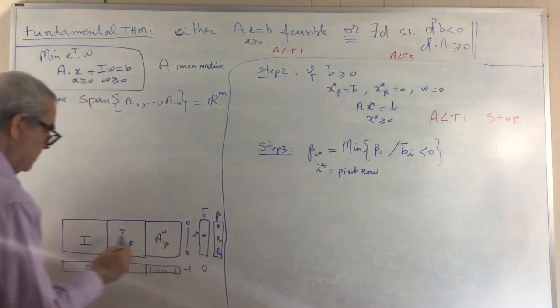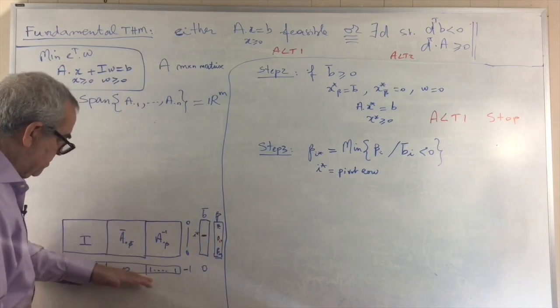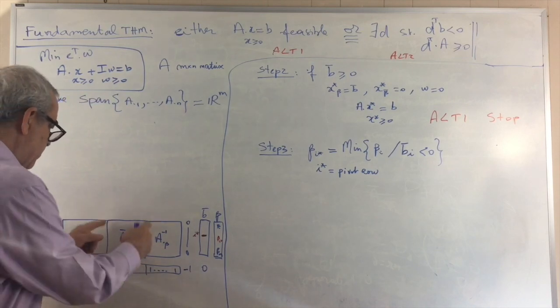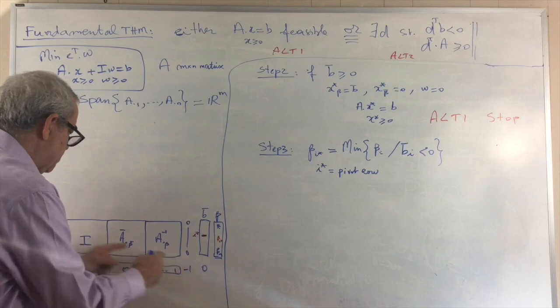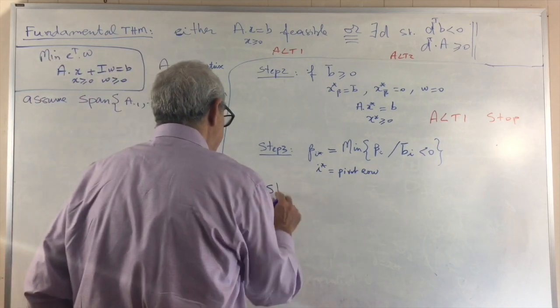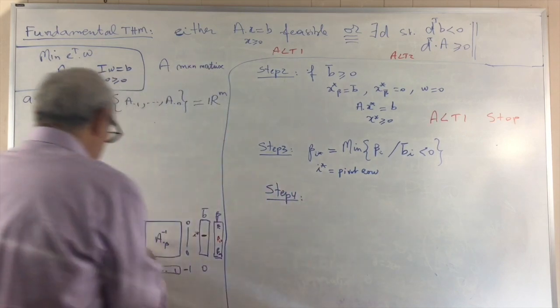So it's right here. We're doing the dual simplex. We're going to do this row divided by this row for the terms that are negative. So let's look at this. This is the artificial variable. So let's just look at this. Step 4. What is the ith row here?